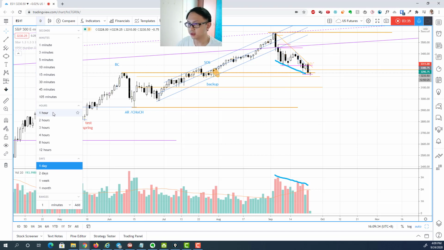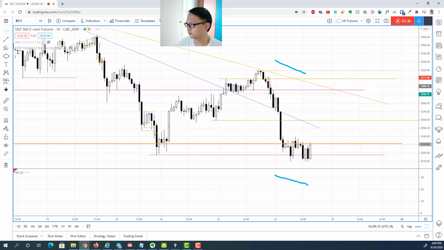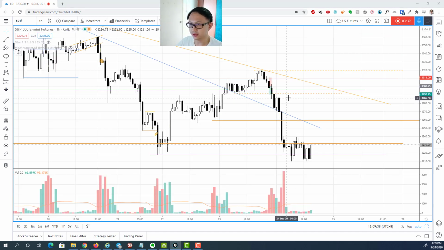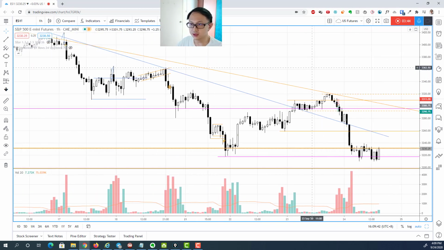First of all, let me go to the hourly time frame and do the recap of what happened yesterday. Yesterday I talked about a potential supply absorption scenario right at this small trading range.